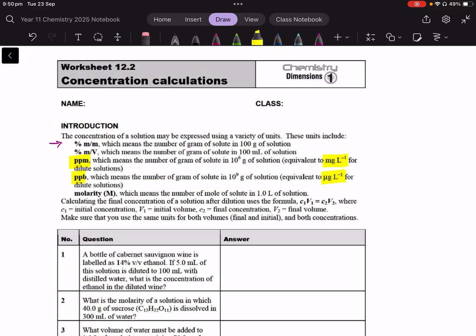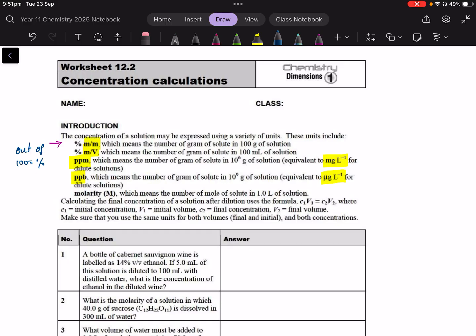These considerations are also called percentage mass over mass or percentage mass over volume, because it's out of 100. So when you're considering your solute out of 100, it's going to be a percentage.